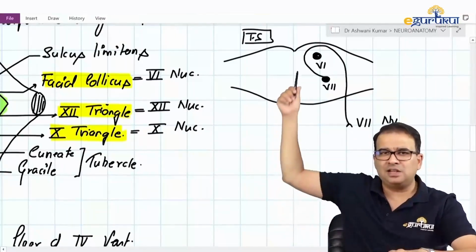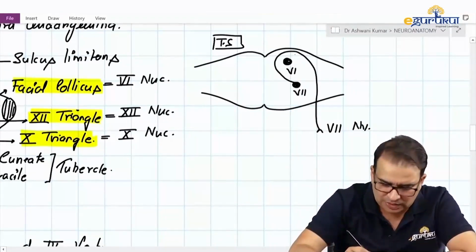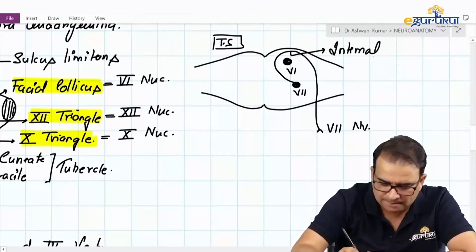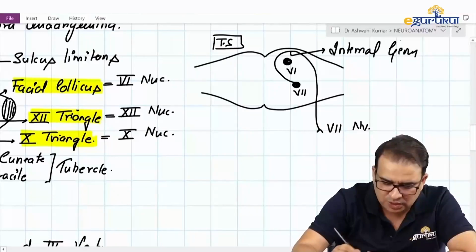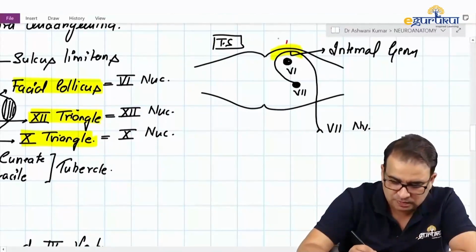We also call it the internal genu of the facial nerve. The bend is called the internal genu. And this elevation produced on the surface here is called the facial colliculus because of the facial nerve.